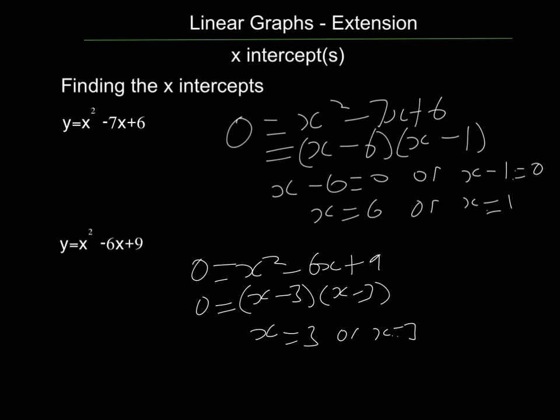So we've got the same answer twice. Because we've got the same answer twice, that means that this graph just touches the x-axis once, whereas this graph cuts through twice. So now that you've worked that out, what I'd like you to do is actually draw those graphs, sketch them, and show your teacher.